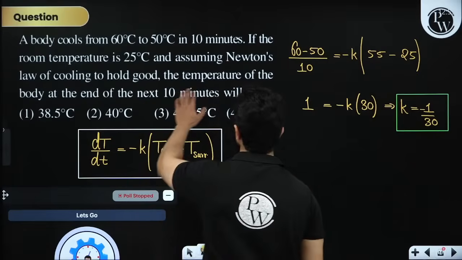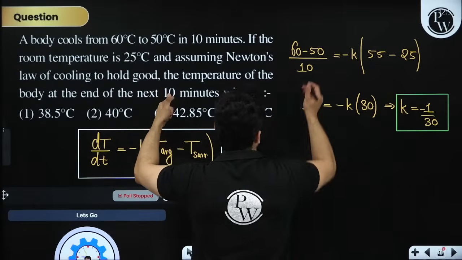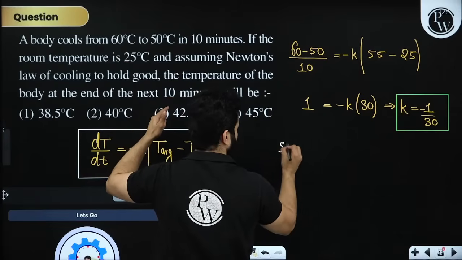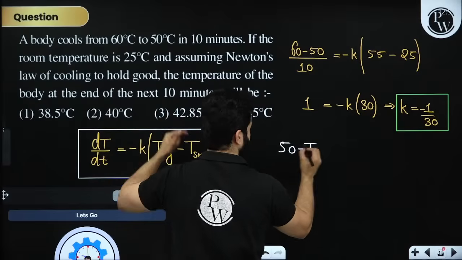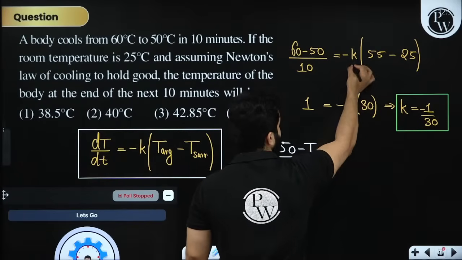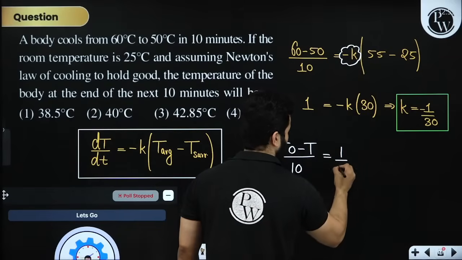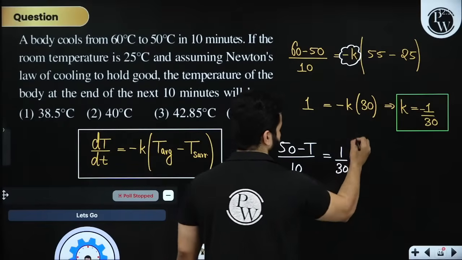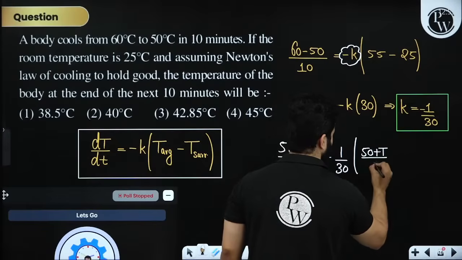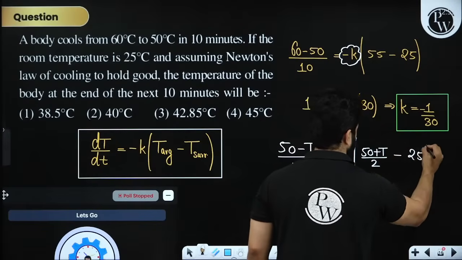Now they are asking what will happen for the next 10 minutes. The initial temperature is 50, and let's say the final temperature is T. So dT divided by 10 equals, instead of minus K, let's put 1 upon 30 because minus and minus will become plus. For the average, we don't have any option but to write it like this, and the surrounding temperature will still remain 25.